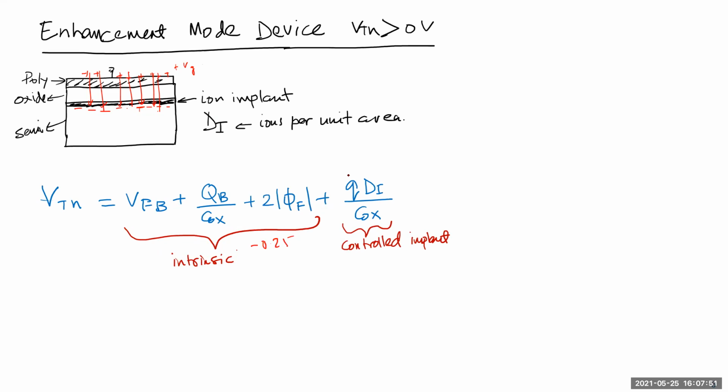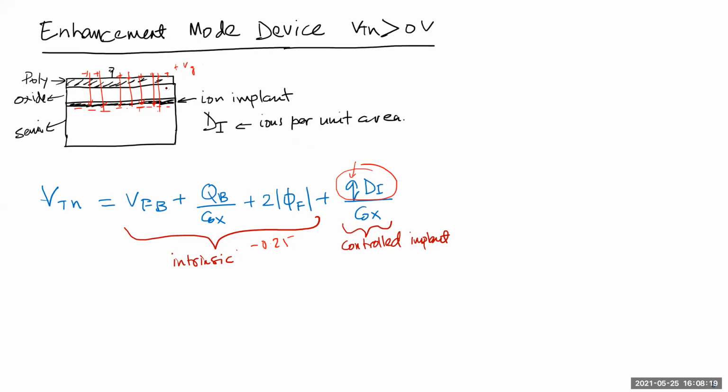So what I do is I add a term of the value, and this should obviously be a magnitude, but you can understand it is the electron or ion charge times the ions per unit area, because it's kind of a sheet density. So you add that. That's the total implanted charge, divided by the Cox, because it's a capacitor.